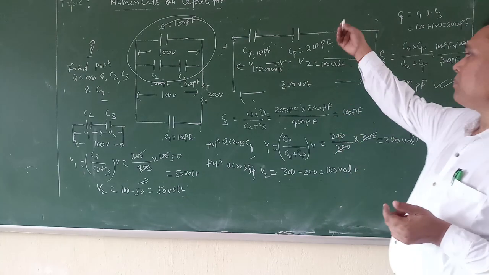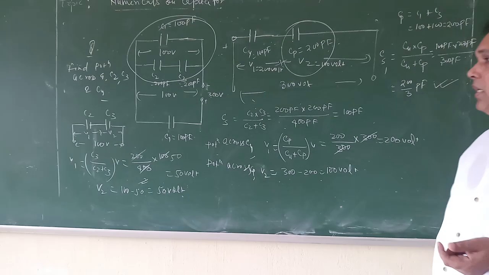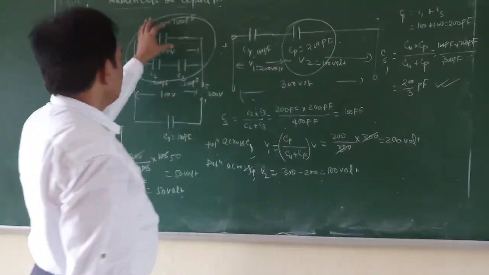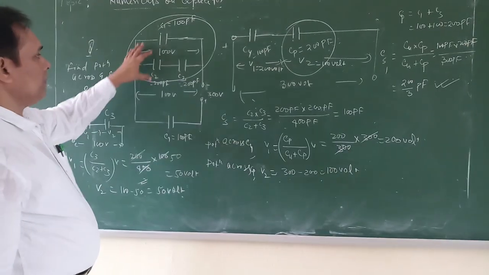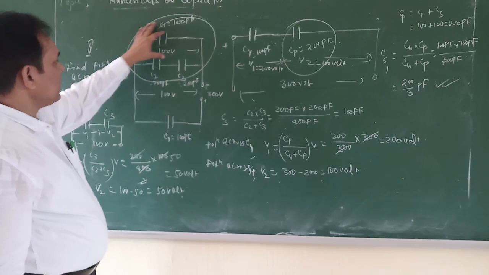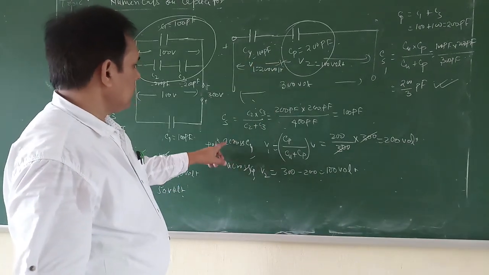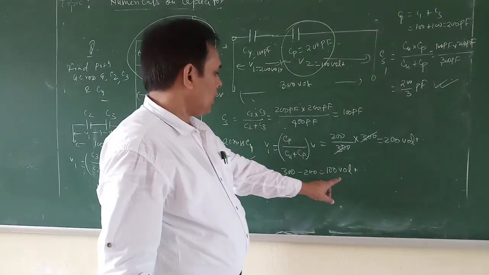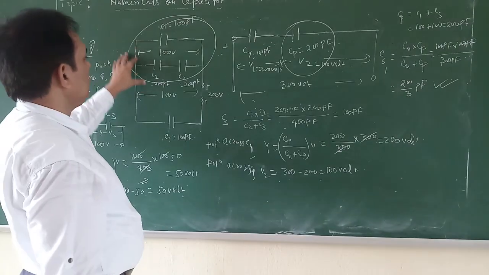Now see, how did we get the value of CP? CP is the combination of these three, and the potential across this combination is 100 volt.